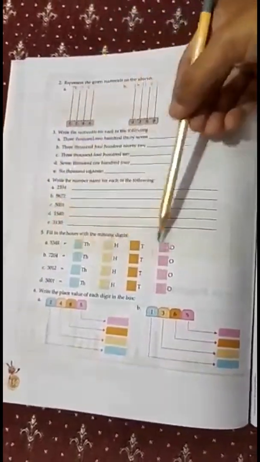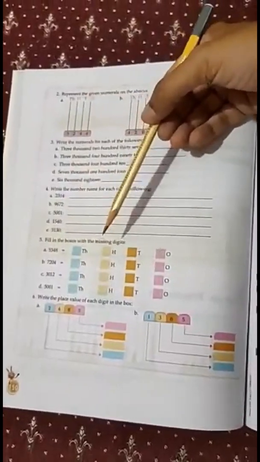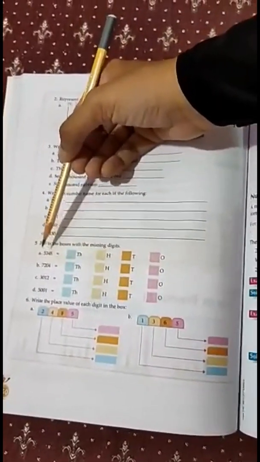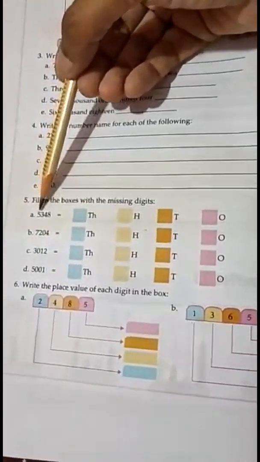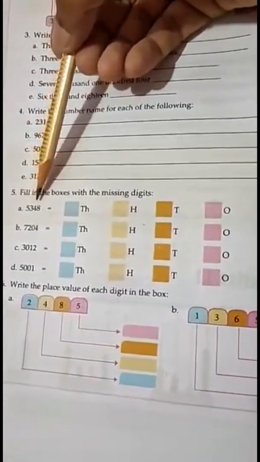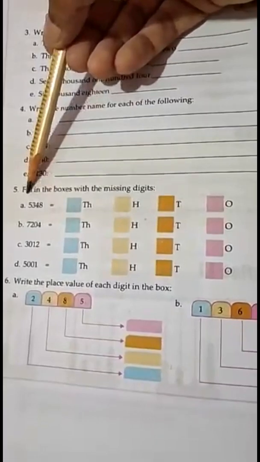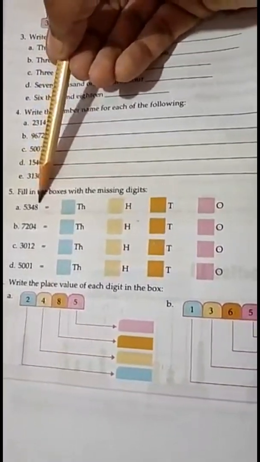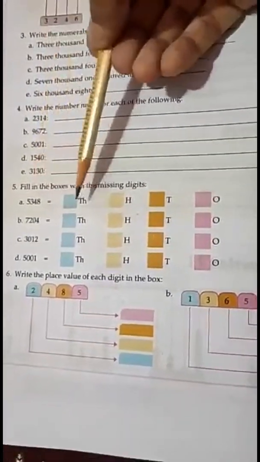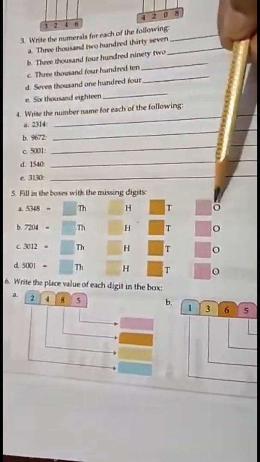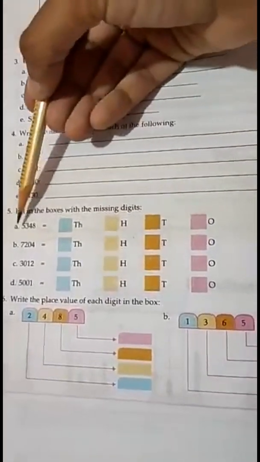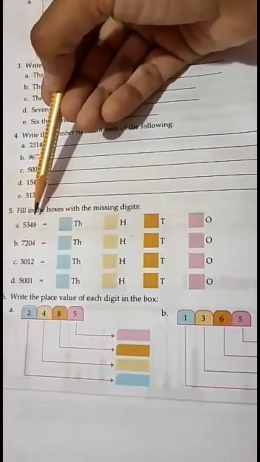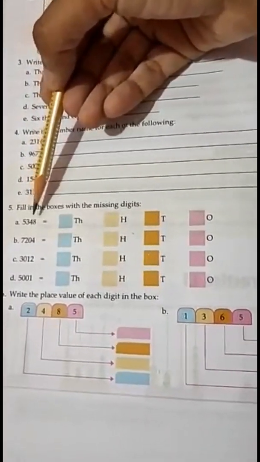I told you, in the blanks only this method is used. Here a number is given: 5348. What we need to do is put numbers in the missing boxes. Which number is in the thousands place, children?